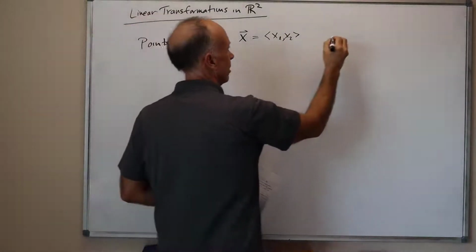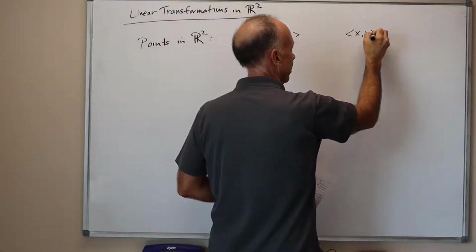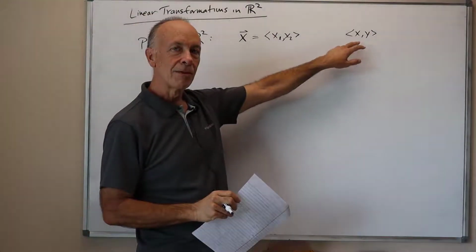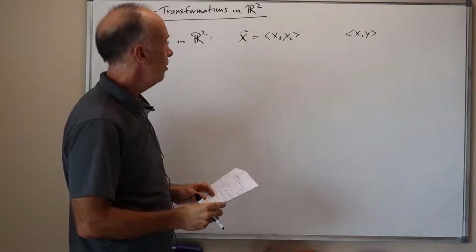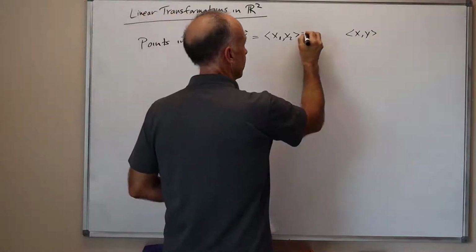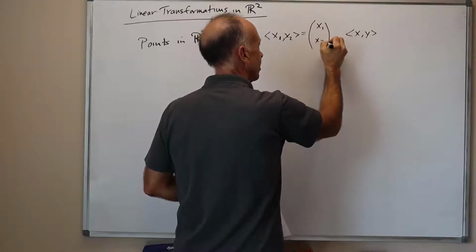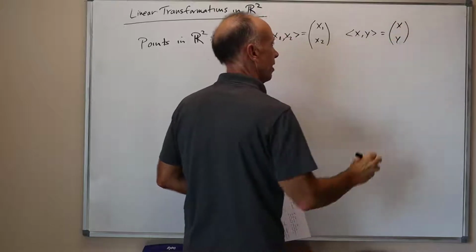We might also write it as xy, that's a different x, not boldface. X and y here are now scalars. This is the x component of a point and the y component of the point. And these are really viewed as column vectors. So strictly speaking, this means the column vector x1, x2, and this means the column vector xy.